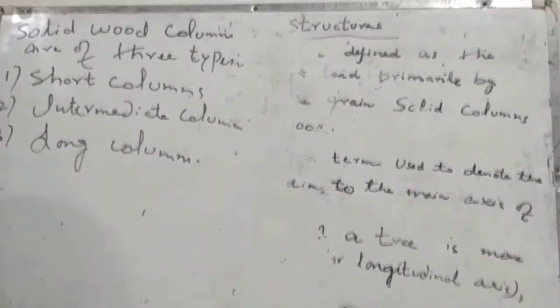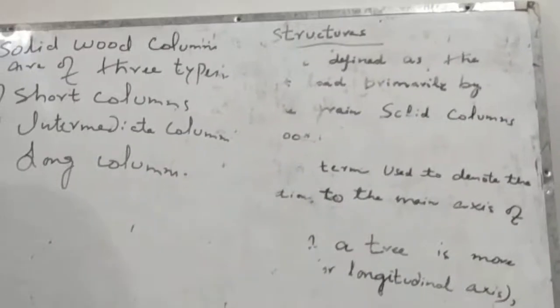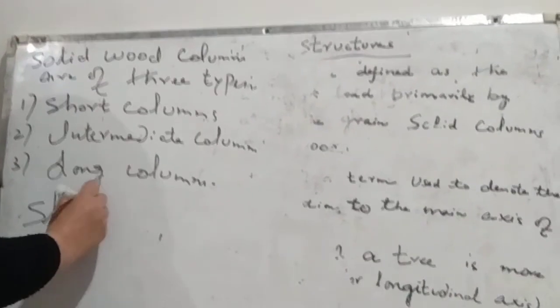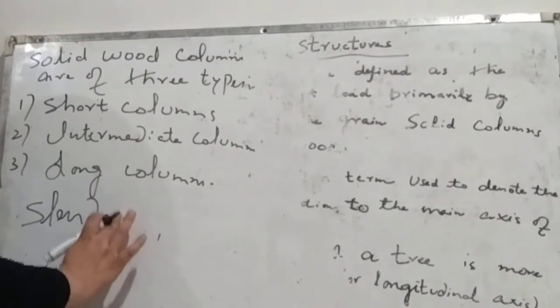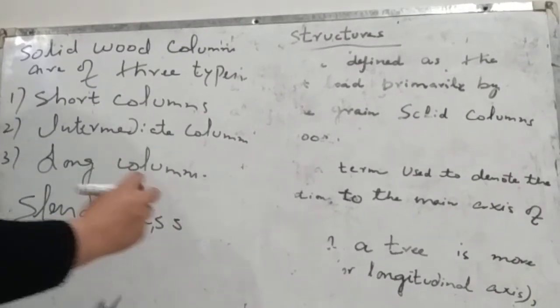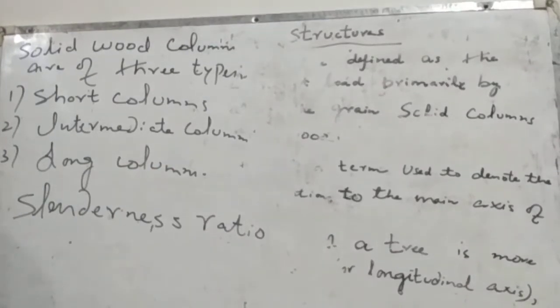Now to differentiate between these three types of columns, we should know a term that is known as slenderness ratio.